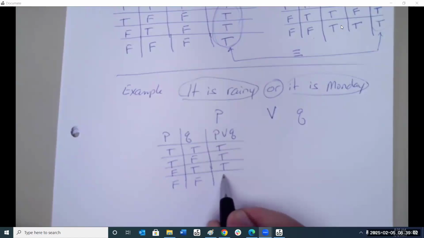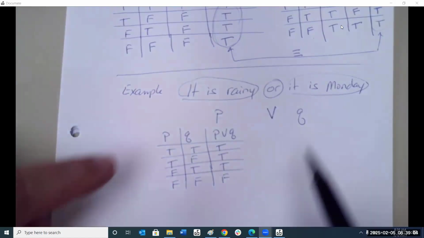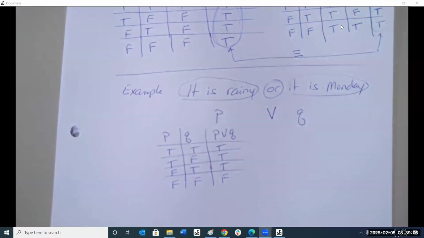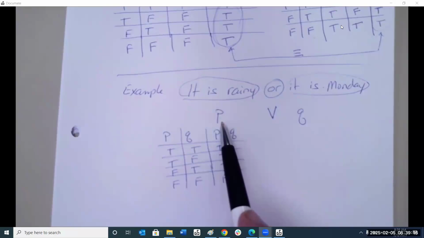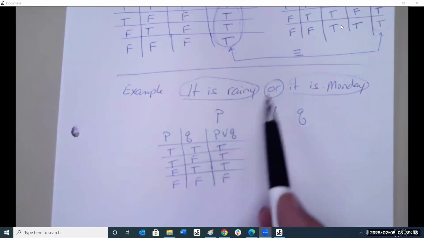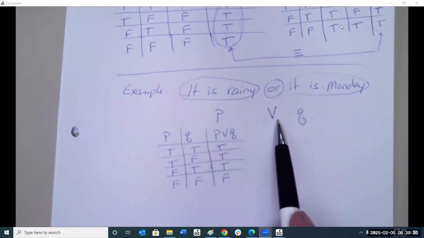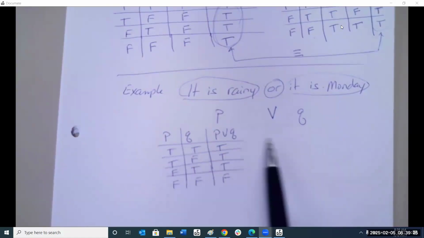False, false is false. So this is how I took this. We have to first convert the statements as a variable and the operations as a symbol. And then we have to put them together in our statement.